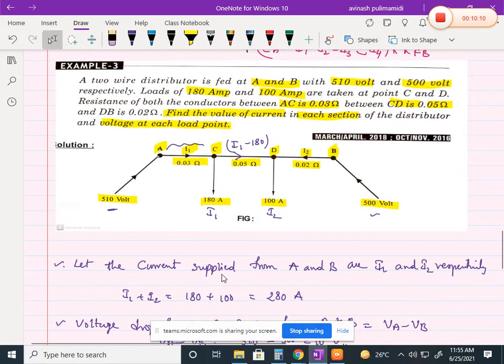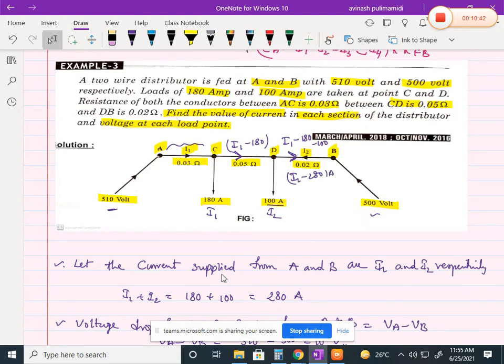What is the current flowing here? So let us take the current direction I1 only. What is the current incoming here? I1 minus 180. What is the leaving current here? I2. I2 is how much? 100 amperes. Incoming is I1 minus 180. So I1 minus 180 minus 100. So what is the current here? I1 minus 280 amperes.